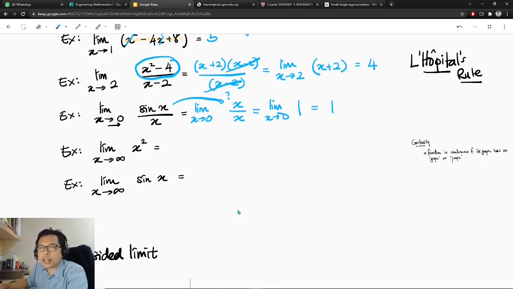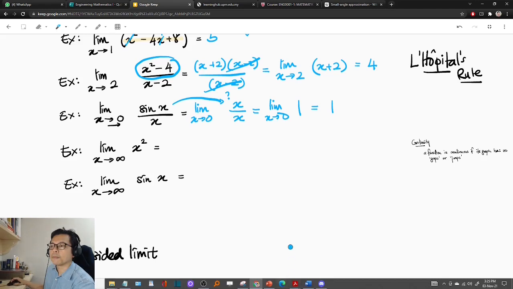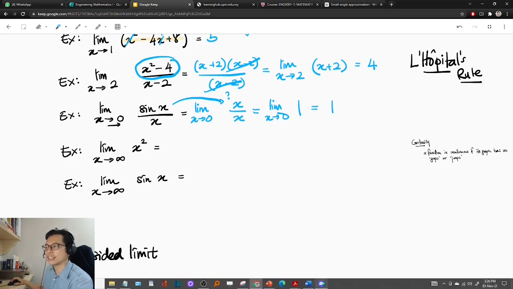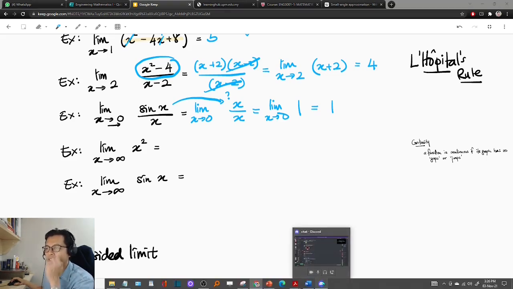Now I'm giving you this function right here, x cubed over x squared. The question is asking, what will happen to this function when x approaches infinity? Is the limit going to be infinity also? Yes, good answer. The limit is going to be infinity also.